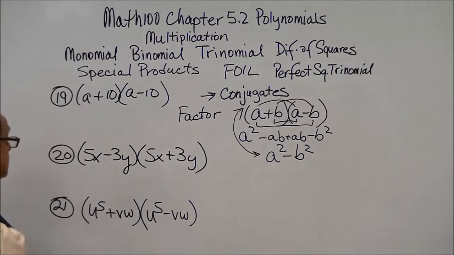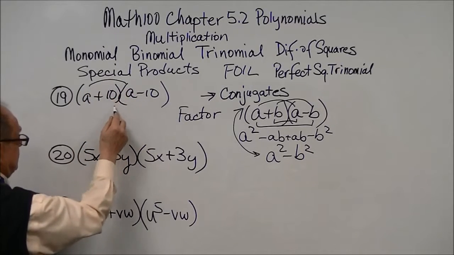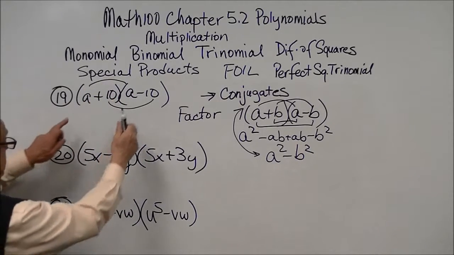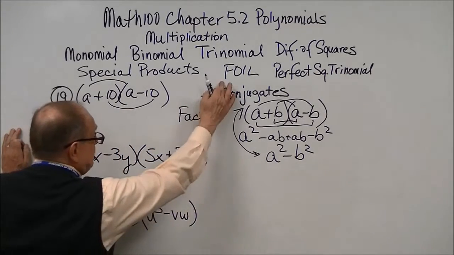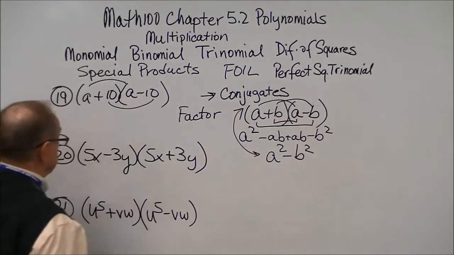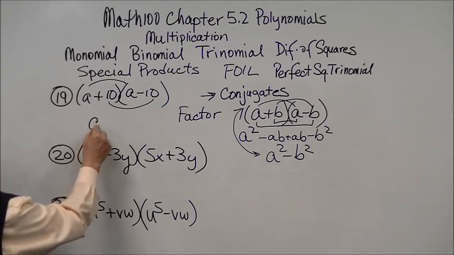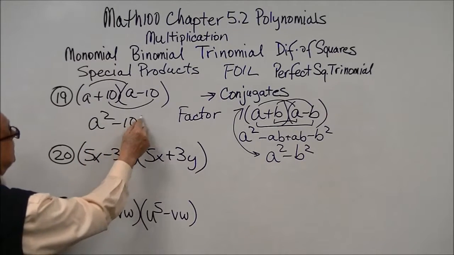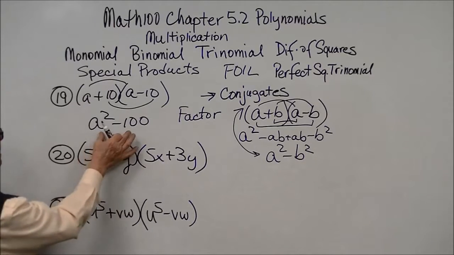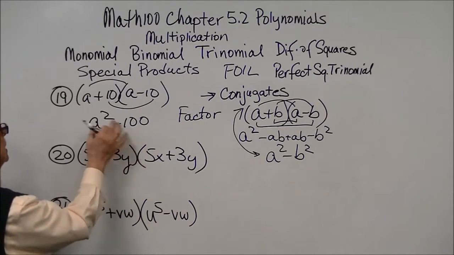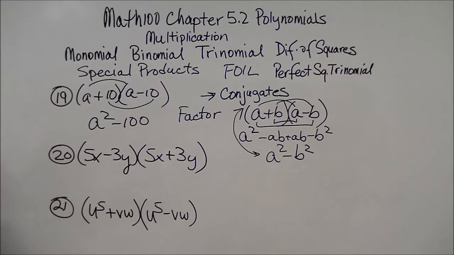So all we have to do is multiply the first and last term, not the outers and inners as we do in the FOIL, just the first and last. So this is going to be a squared minus 100. No middle terms. It's now the difference of perfect squares, which will factor into its conjugates.